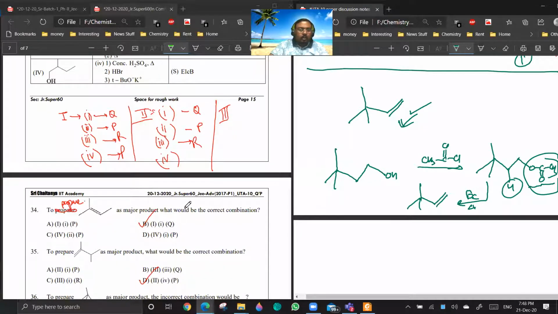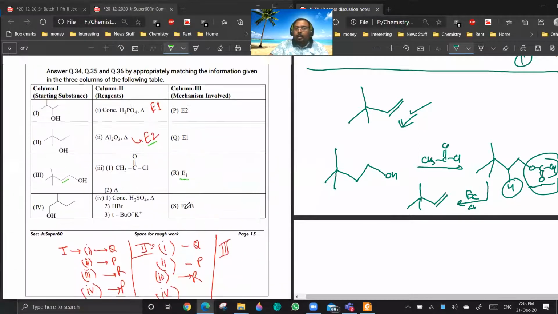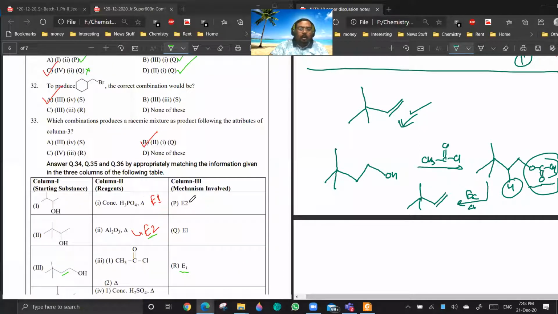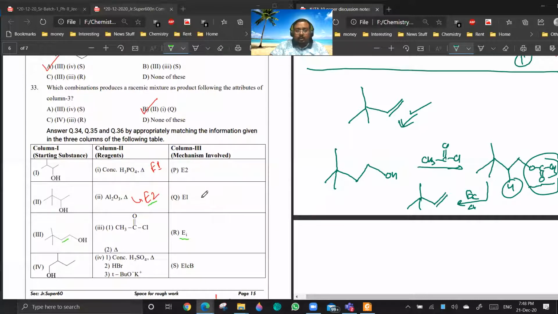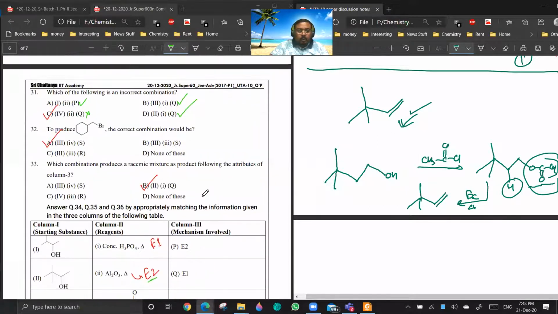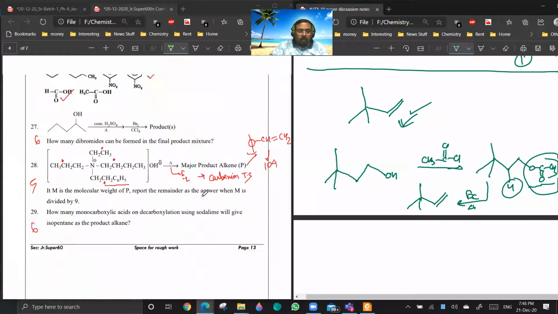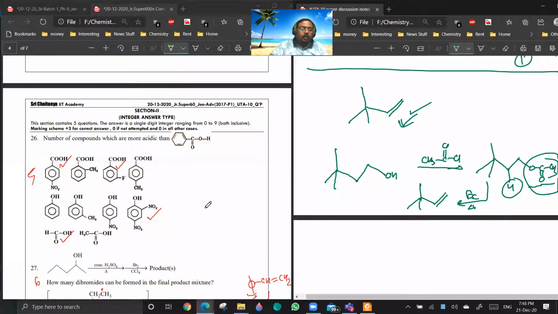Yes, sir. Okay. Any other doubt in this paper? You are free to ask. The 26th. We didn't discuss 26th. Yeah, tell me which one. This one. See, dinitrobenzoic acid has higher acidity than this because there are two NO2 groups.